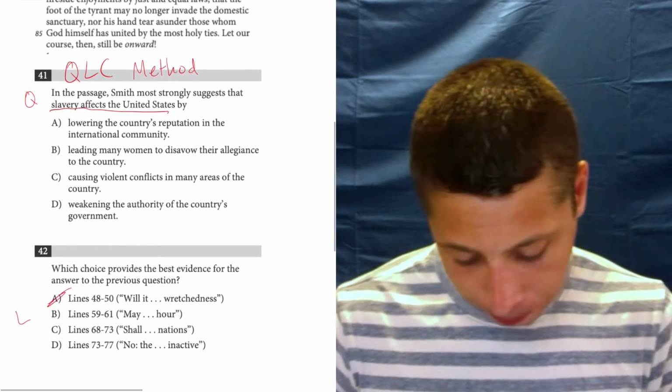Well, the previous line really gives it away: Will the mother, wife, daughter, and sister feel that they have no interest in this subject? The subject being slavery. So it's definitely about slavery, but it's not really about the country per se. It's about women, and that's not exactly what we were asked. So this choice doesn't feel like it matches. I would cross this out.